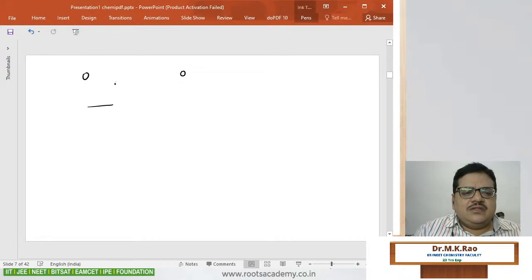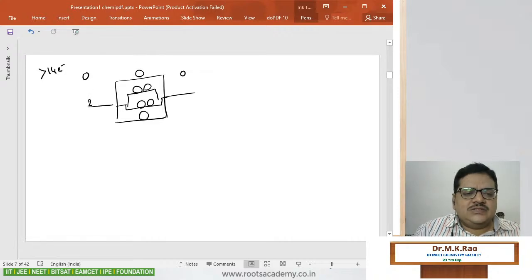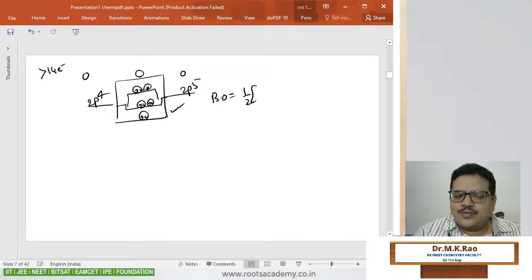See, whenever the electronic arrangement is like this, if the electrons are above 14 electrons, the arrangement is 8, 8, and this is 2p4, it is 2p5. So 1, 2, 3, 4, 5, 6, 7, 8, 9. Now bond order is equal to 1 by 2 into, you can calculate only p electrons also, no problem.